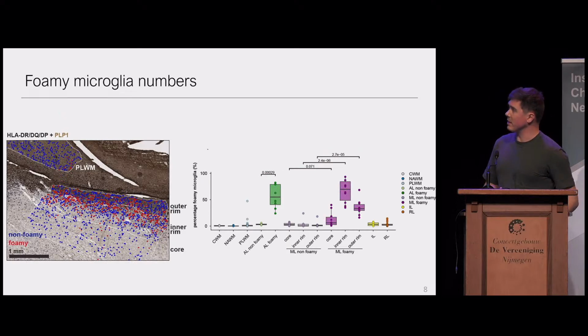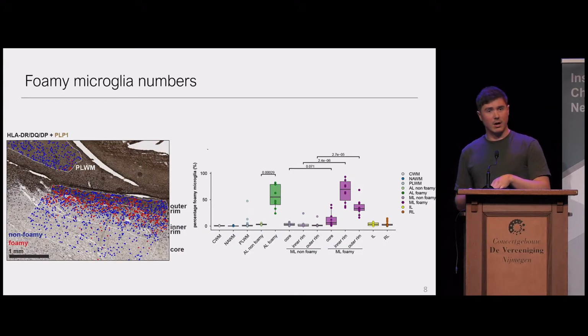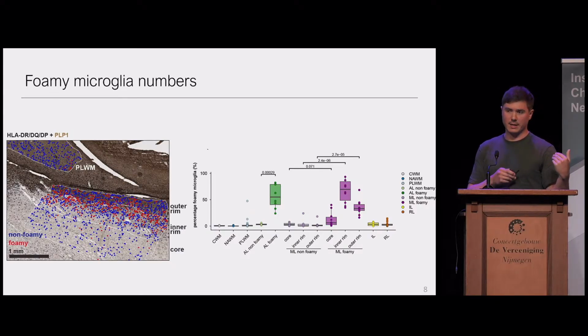But when we quantify the number of foamy microglia, we see that in lesions we classify as foamy, on average more than 50% of the microglia are foamy, whereas in the lesions we classify as ramified or non-foamy, this percentage is down to almost 0. So it's more the presence of foamy microglia within an MS lesion.